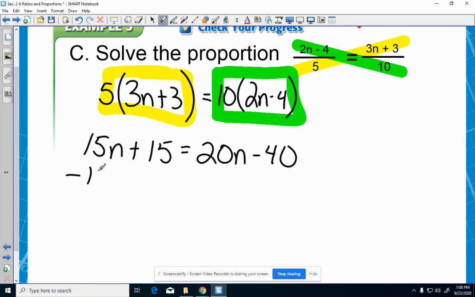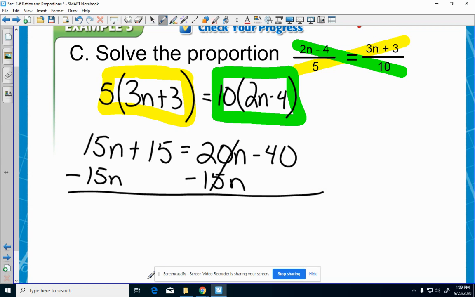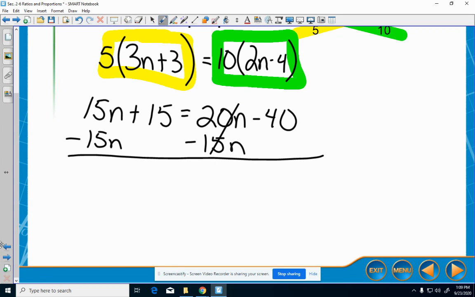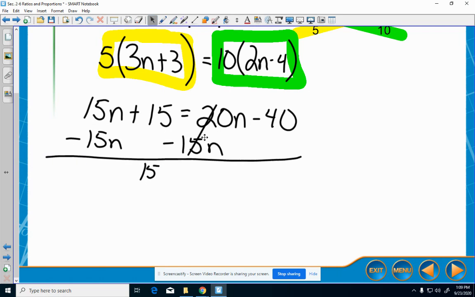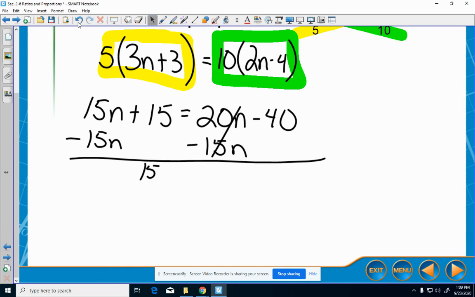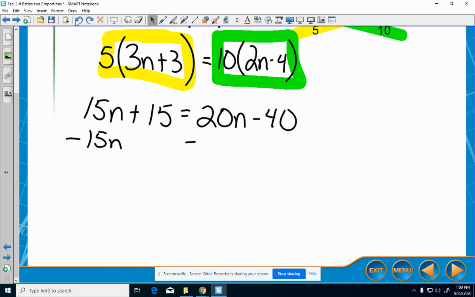I think I'll move the 15n. That will leave me with 15. What did I just do that for? Oh no. Bad news. Get out of there.